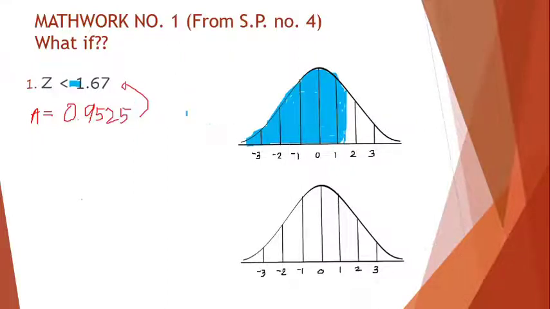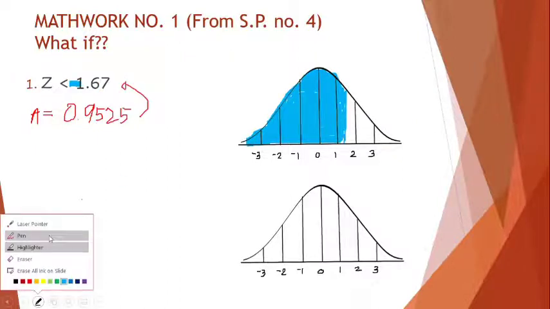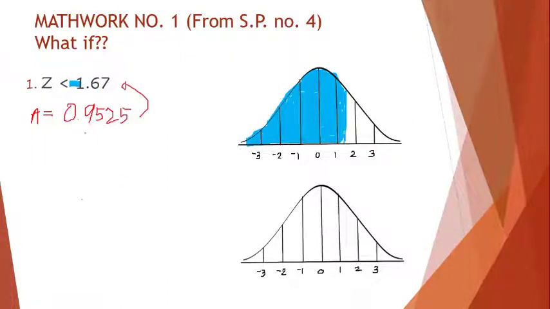As you can see, the corresponding area of this, kaya nagtataka ako, bakit 95.25? Ang kakapiranggot ng graph. As far as I remember, this is supposedly positive. So, if you're going to convert it to a chance, your probability is 95.25%.